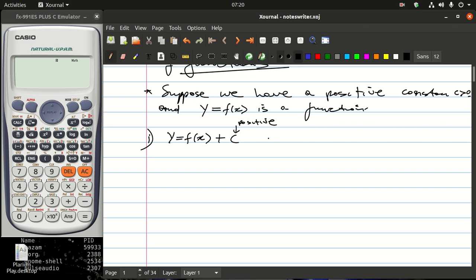So y is equal to f of x shifted c units vertically upwards.